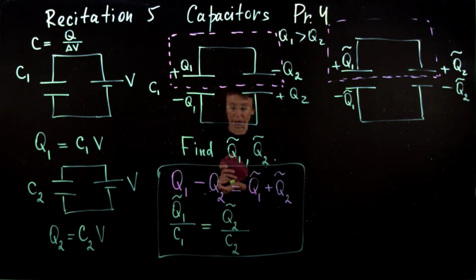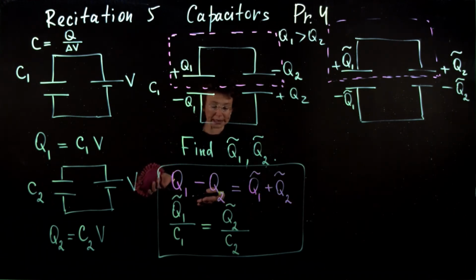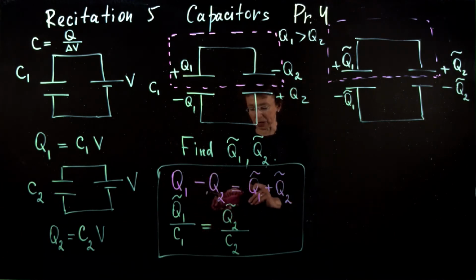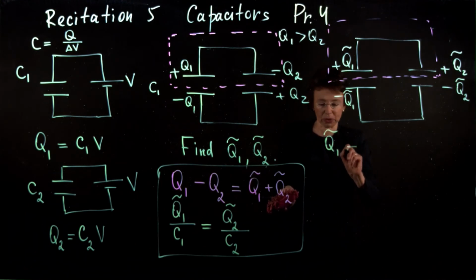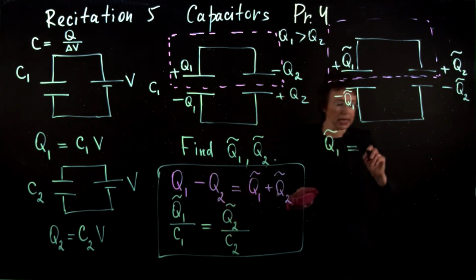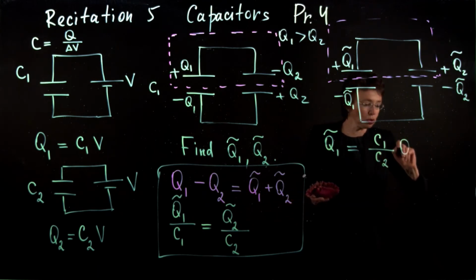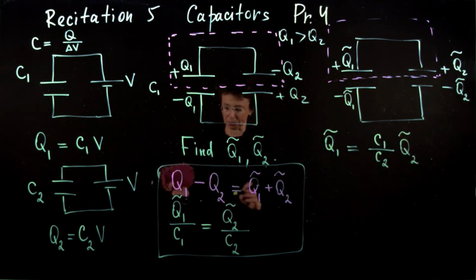How will we solve it? For example, I will express Q1 tilde from the second equation, and I will bring it into my first equation. What is Q1 tilde? From the second equation, it is C1 over C2 times Q2 tilde. And then I plug it into my first equation.